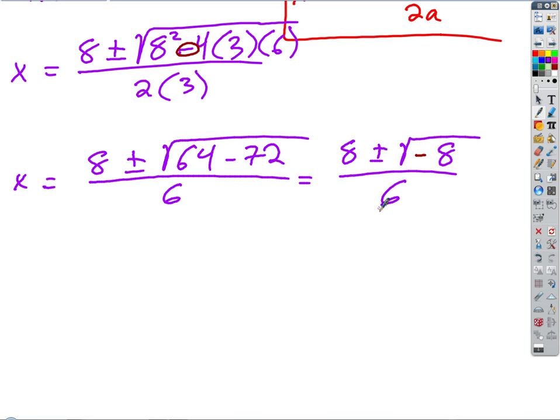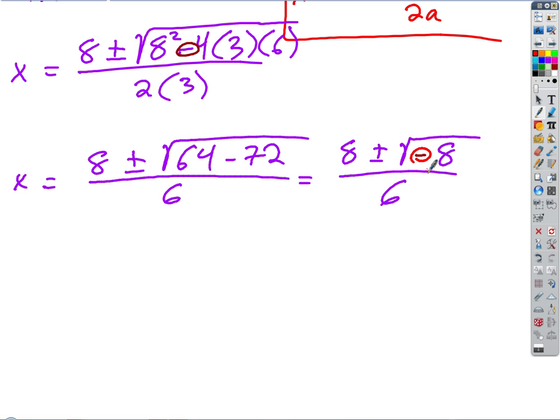Okay, so I've just got to simplify this now. What do I do with that radical? I'm going to have a square root of 8i because I've got that negative number under the radical, so we know that's going to become an i outside of the radical, right? Then the other thing I could do is simplify the square root of 8. What's the biggest perfect square that divides into 8? 4, right?